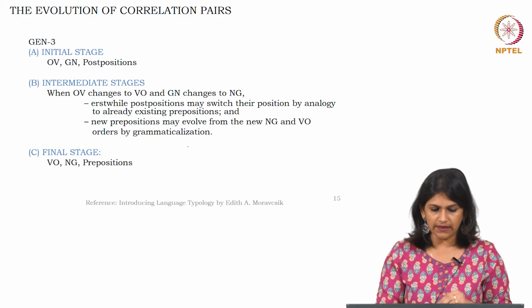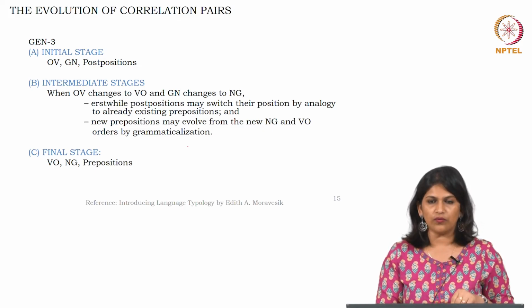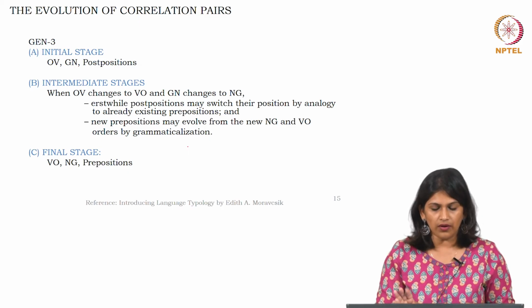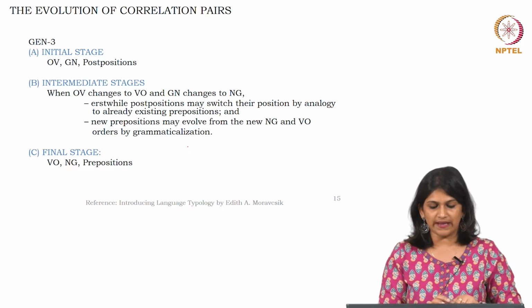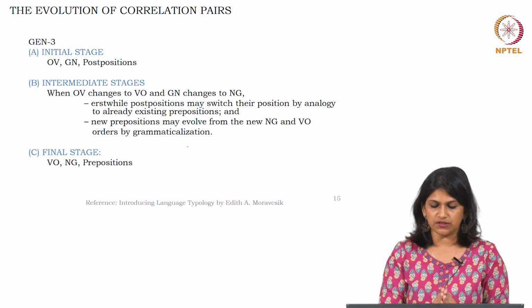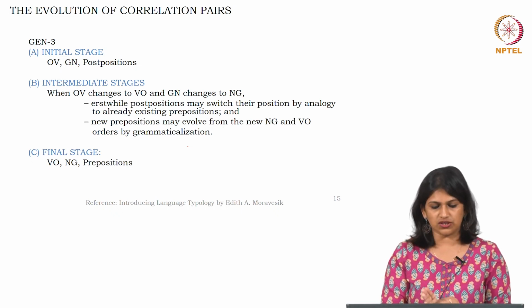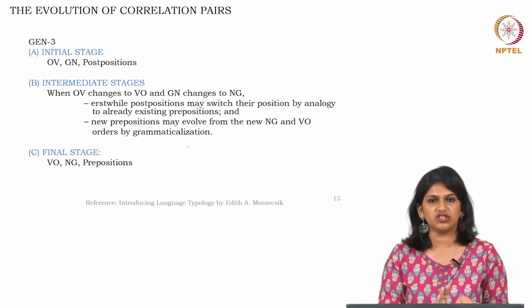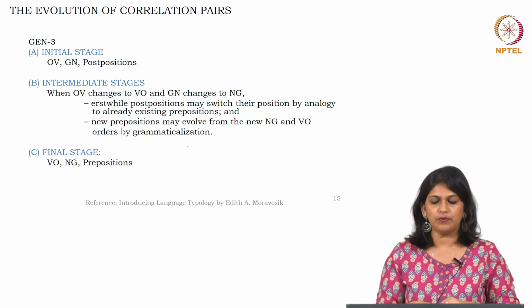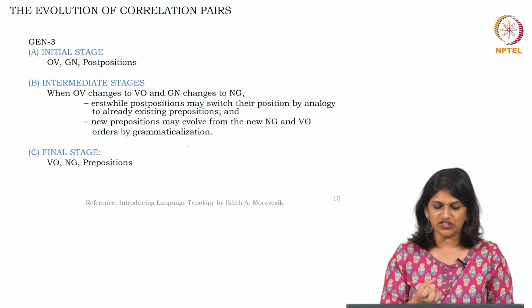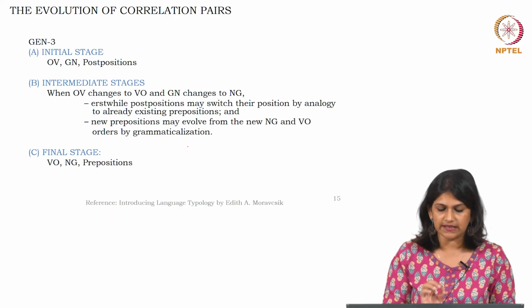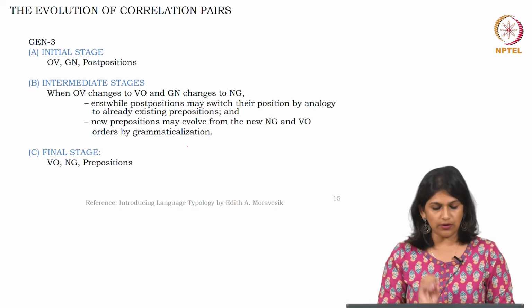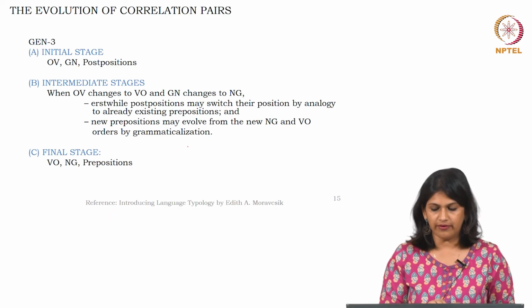And what is the intermediate stage? Intermediate changes occur when OV changes to VO or GN changes to NG. What happens? The postpositions may switch their position by analogy to already existing prepositions. So, when you are thinking about the change of postpositions, they might switch their position following the existing prepositions, and the new prepositions may evolve from new NG and VO order by grammaticalization.